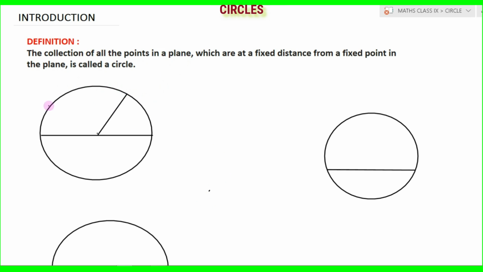So this is a plane, and in this plane we have infinite points, and we take those points which are at a fixed distance from a fixed point.